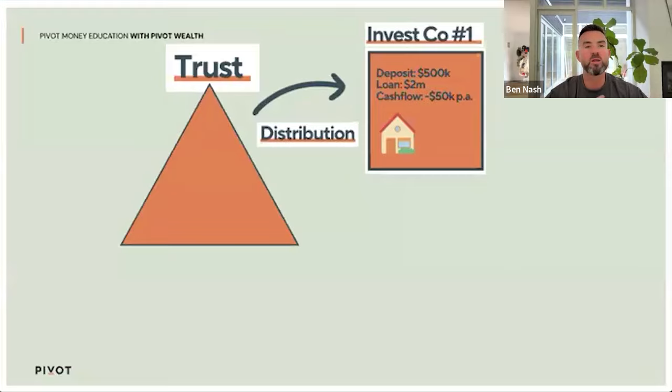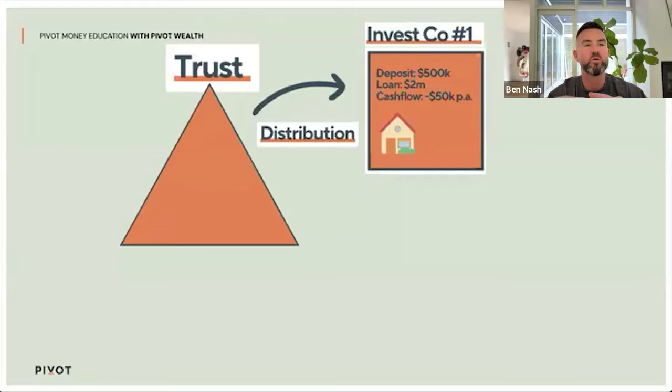Essentially, you buy the property, and when you first purchase it, because the mortgage is high and the rent is at the lowest point that it's ever going to be, the property will typically be negatively geared. In this example, I've just used an amount of $50,000 per year.